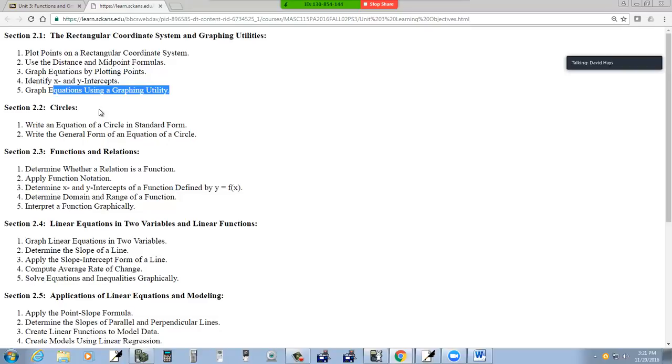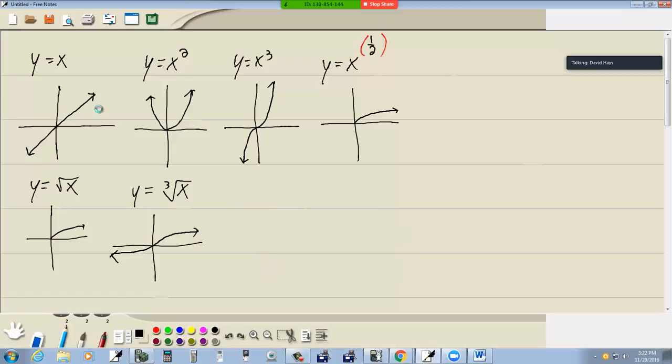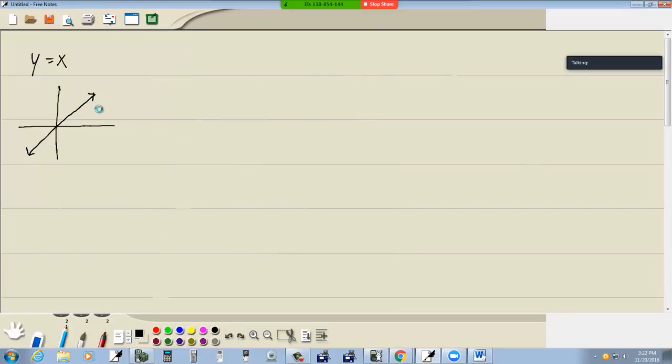2.2, circles. And it says, write an equation of a circle in standard form. So let's talk about that. We got circles, we got something called standard form.